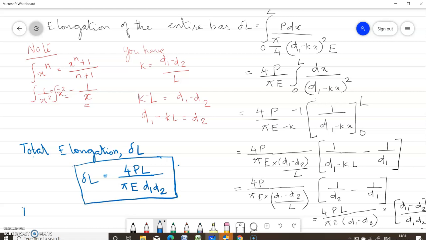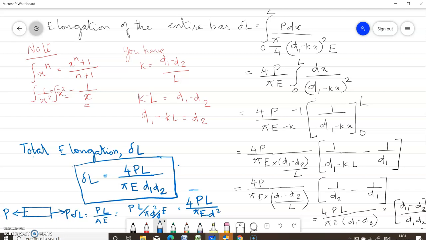Now if you have a rod like this which has uniform cross section subjected to load P, you have the equation for delta L as PL by A into E. Here A is pi d square by 4, so it is PL by pi d square by 4 into E, which is equal to 4PL by pi E into d square.